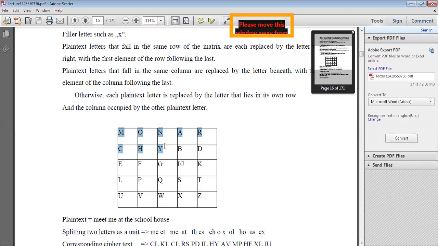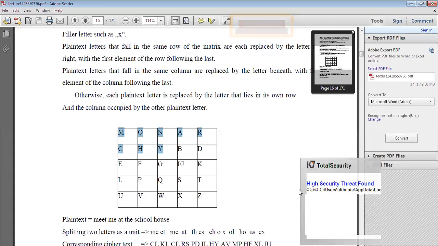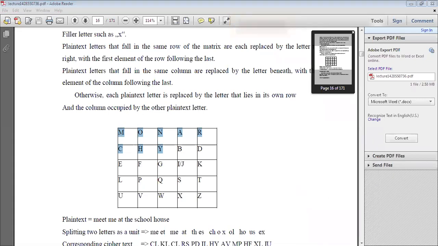So now, how do we arrange the key into that 5 by 5 matrix? First, you write the key. Then in the next position, check the letter A. A is already there in the key, so skip that one. What is the next letter?